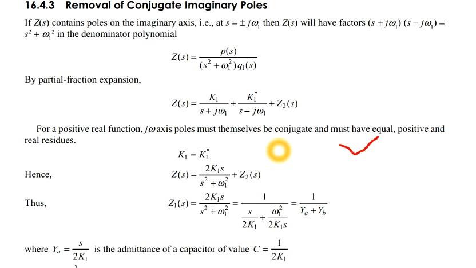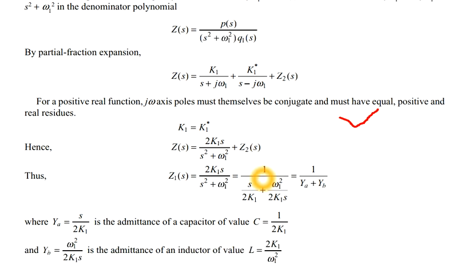You might have already observed this while solving many problems. Then Z(s) becomes 2k1 s by (s square plus omega 1 square) plus Z2(s). We can simply write like this to avoid k1 star.